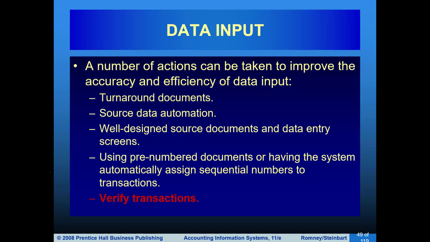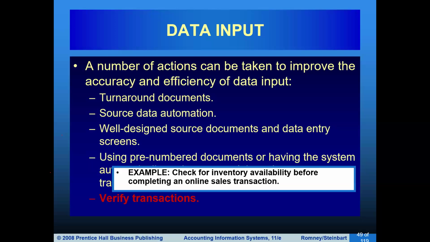For the input part, you have to take more time and check how to get accurate input into your system, because you have to process the data. Input is very essential. Check for inventory availability before completing an online sales transaction.